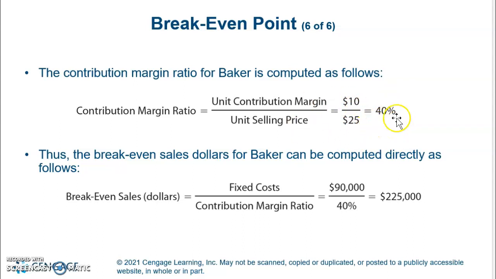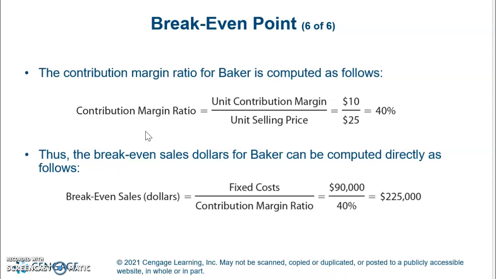Now that you have your contribution margin ratio, you can find how much sales dollars you need to break even. Take your fixed cost, divide by your contribution margin ratio, 40% or 0.40 if you change it to a decimal, and we need sales of $225,000 to break even. So I call this the contribution margin ratio approach.